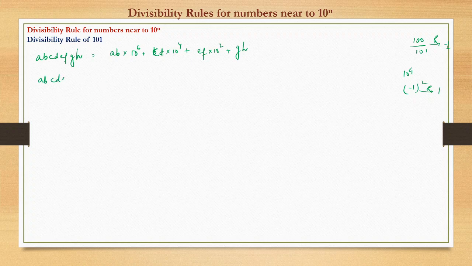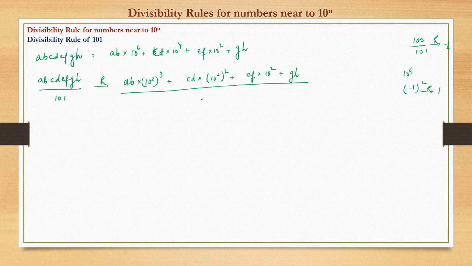Now ABCDEFGH divided by 101, the remainder would be AB into 10 raised to power 2 into 3, we can write this, CD into 10 raised to power 2 raised to power 2, EF into 10 raised to power 2, plus GH.